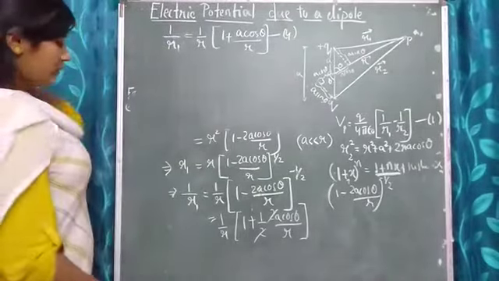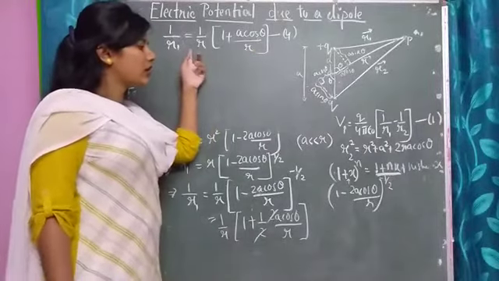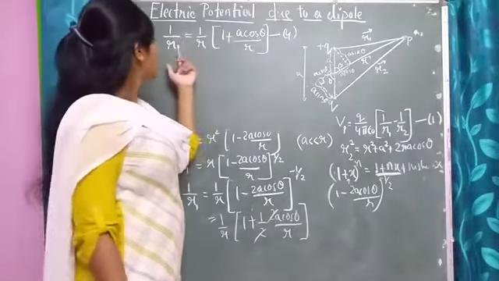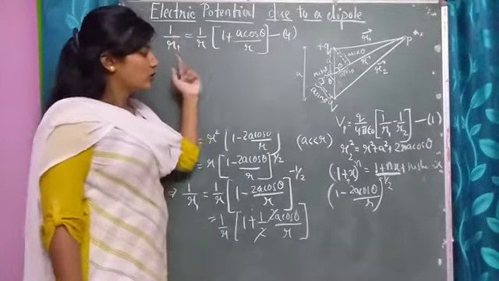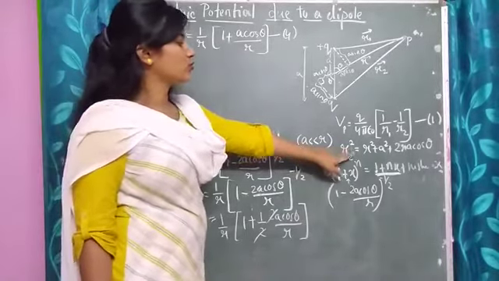As we have derived 1 by r1, similarly we can derive 1 by r2 using equation 3, r2 square.